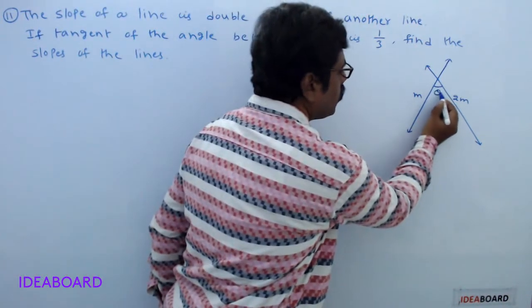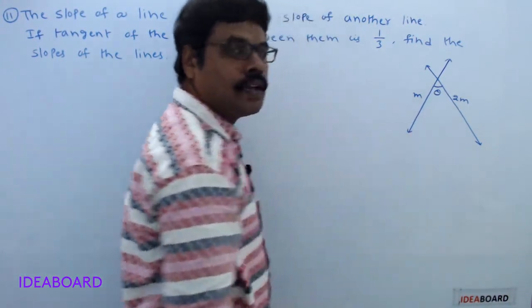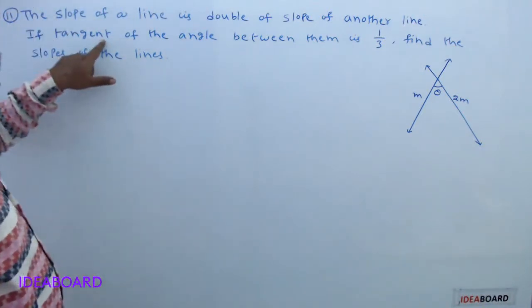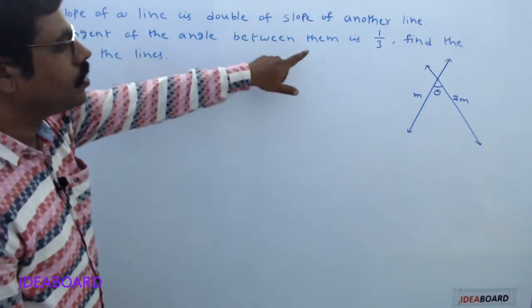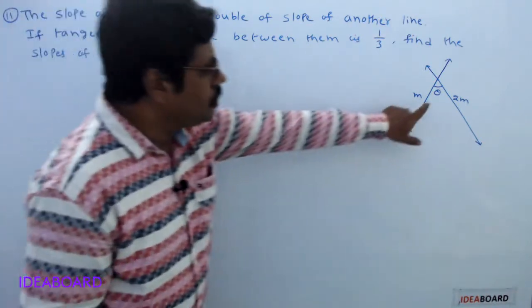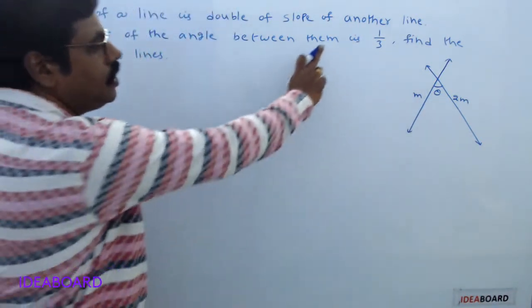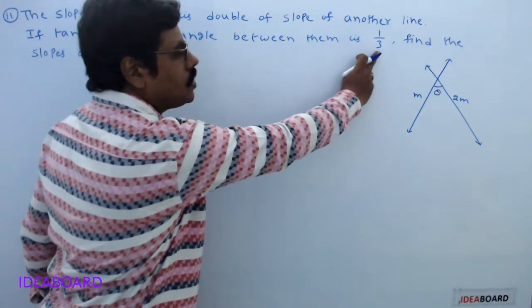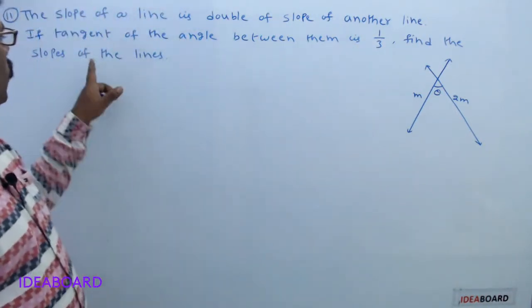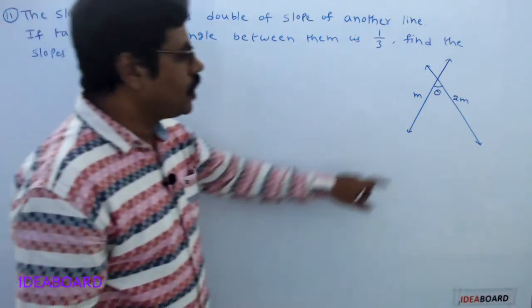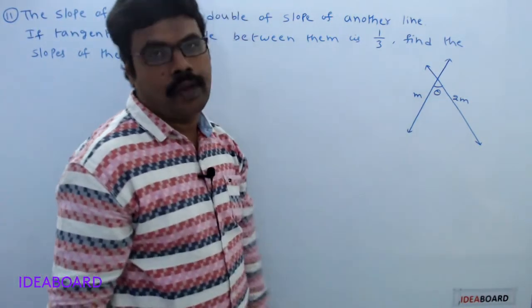Let theta be the angle between the given lines. Now see the given condition. If tangent of angle between them is 1 by 3, if theta is the angle between the lines, then tan theta value is given as 1 by 3. Find the slopes of the lines. We need the values m and 2m.